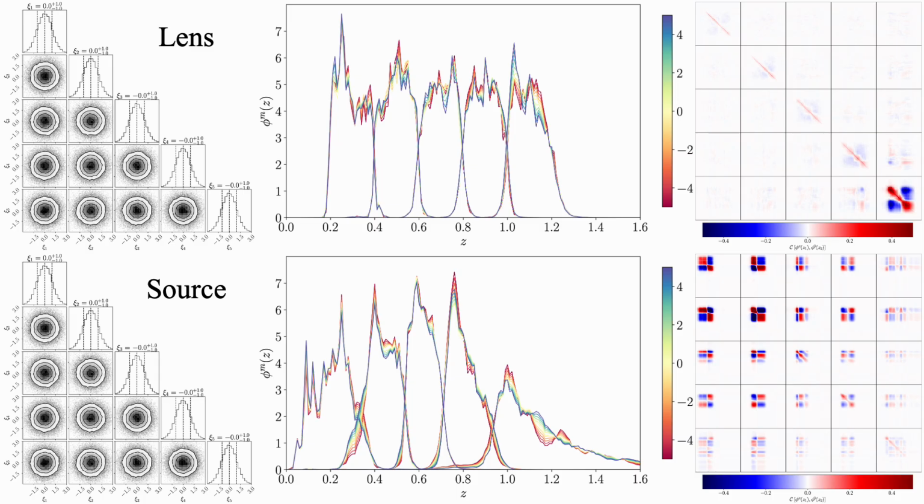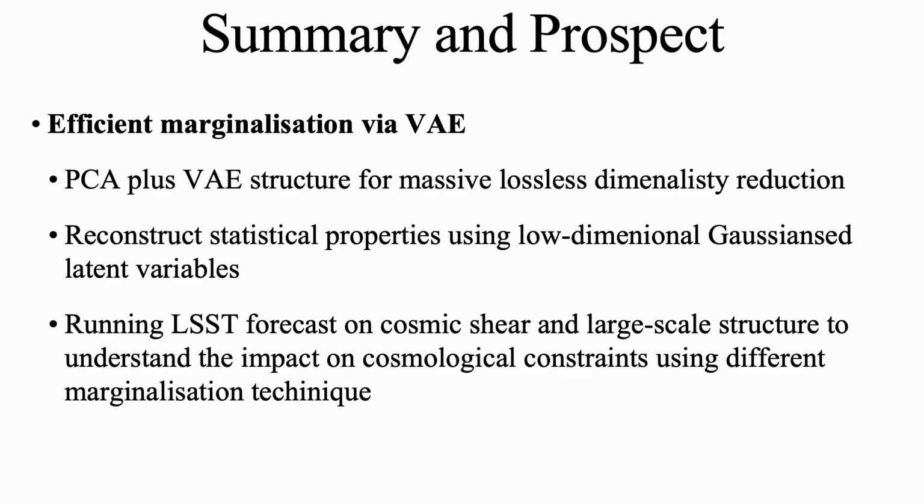Ultimately, we employ only 5 Gaussianized latent variables for both the lens and source samples to reconstruct the full covariance matrices of the redshift distributions. In the 2 central panels, the colors of the solid lines indicate the value of a single latent variable, and the variations in the distribution shapes are recovered in a strongly nonlinear manner, demonstrating far greater flexibility than shift-only parameterization.